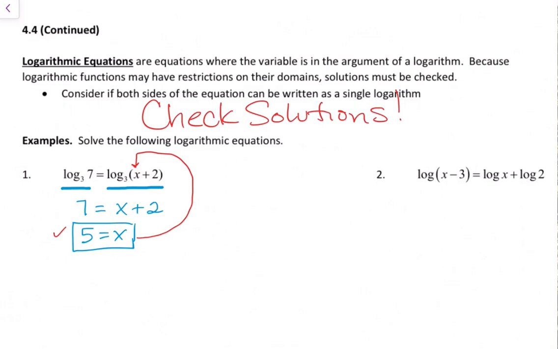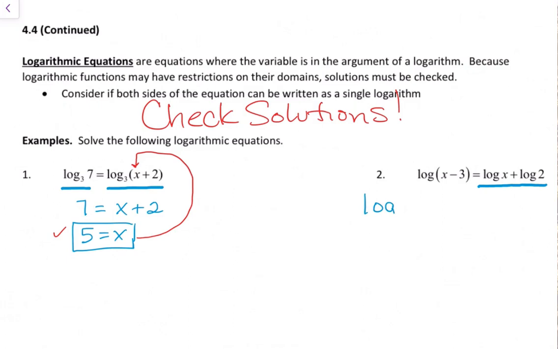Okay, in number 2, I do not have a single log equaling a single log, because on the right-hand side, I have the sum of 2 logs. However, we learned in a previous section, when we were talking about properties of logs, how to add 2 logarithms together. So I can combine the logs on the right in order to get it set up as a single log equaling a single log.